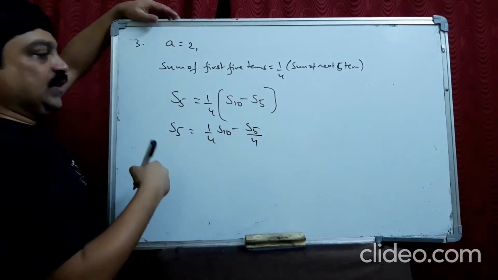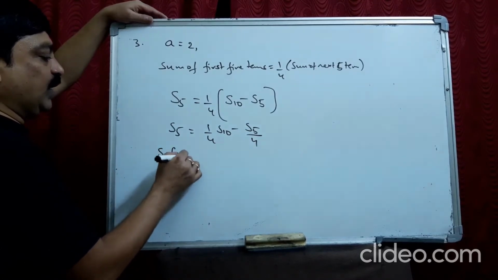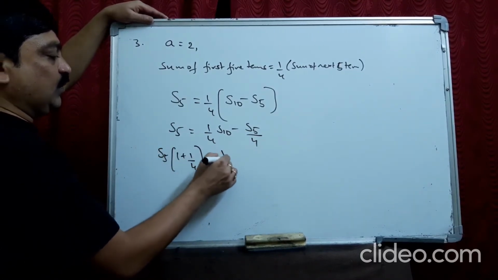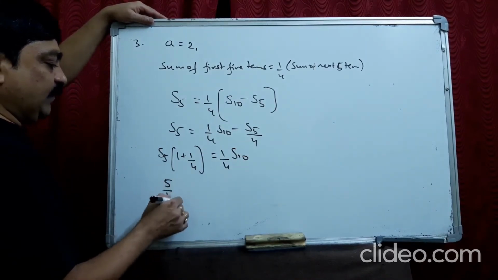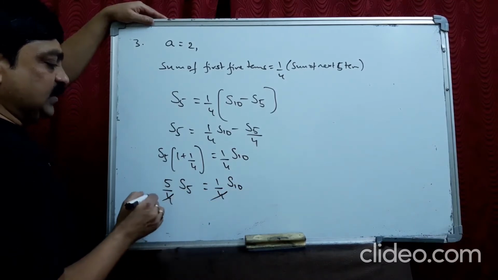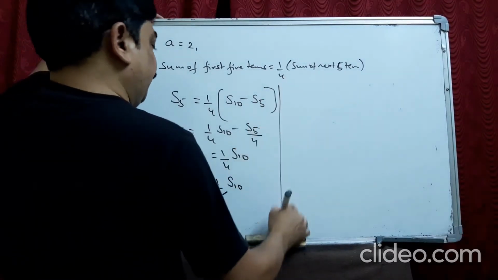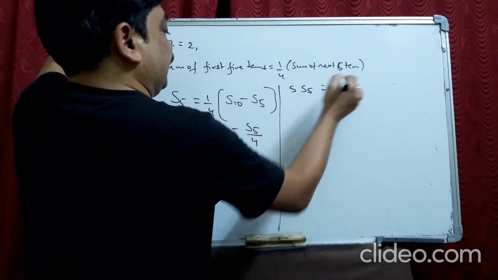Bring it here, so S5 into 1 plus 1/4 is equal to 1/4 of S10. If I take LCM, 5/4 of S5 equals 1/4 of S10, you cancel this. So it becomes 5 into S5 is equal to S10.